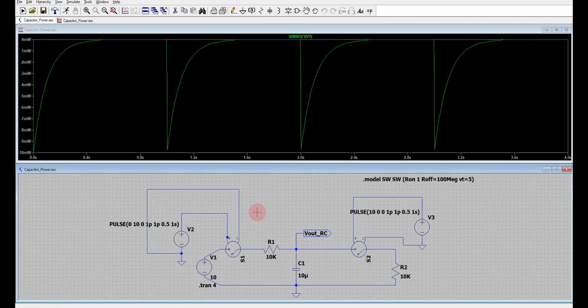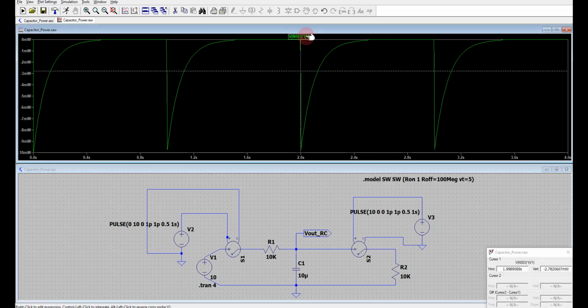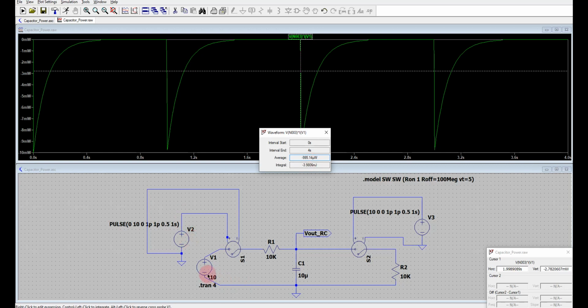Now it says minus 995 microwatt. It says minus because this particular software, if it is giving power, shows it as negative. If it is consuming power, it will be positive. So the power being supplied by this source is 995 microwatt.